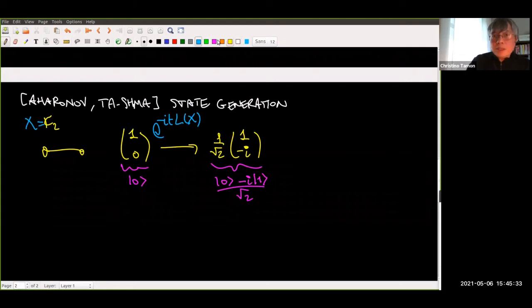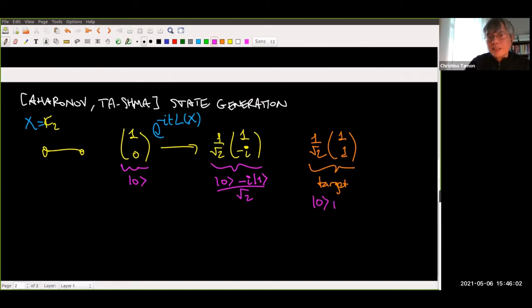Okay, so suppose we are not happy. We say no, I don't want this state, but I want the other one that is a little bit more standard, and that is this one. I'd like to bring it to this one. I'd like the target to be this one. Not the other one, because I'd like to generate the state which people normally call the plus state.